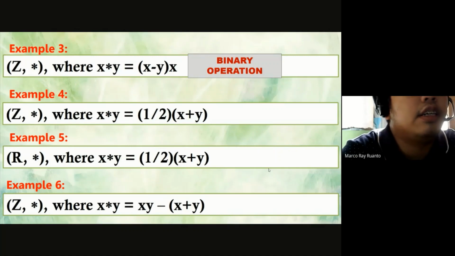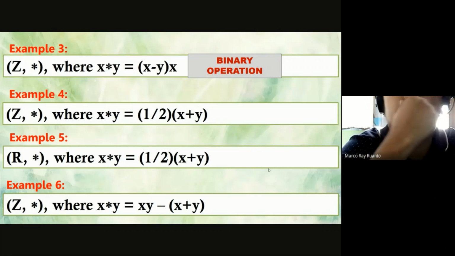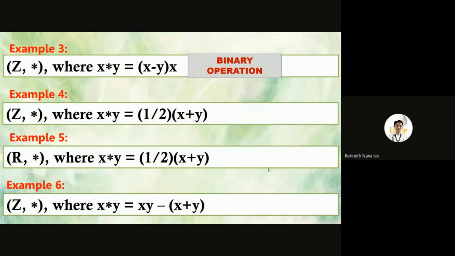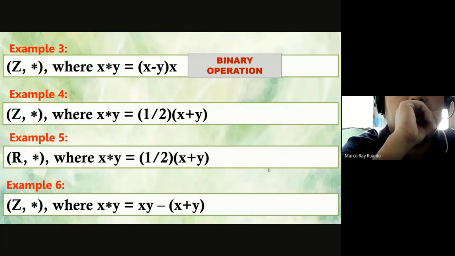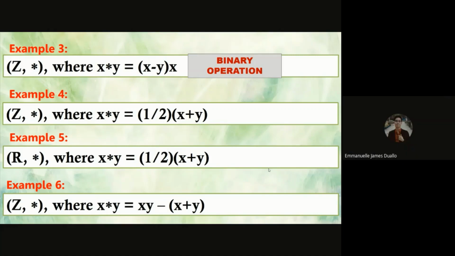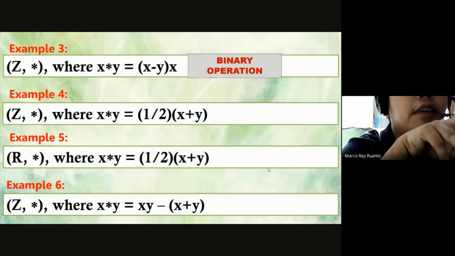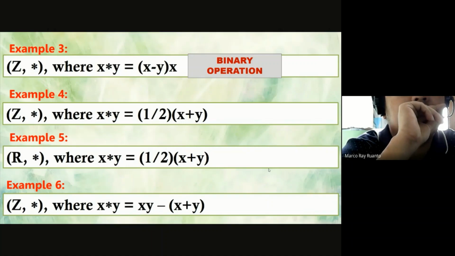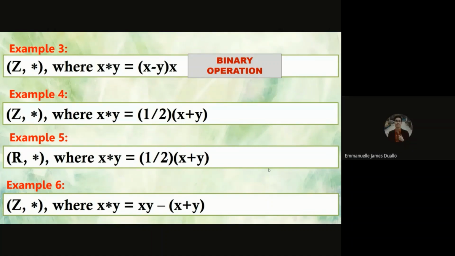Now example 4. Is it a binary operation or not? Those who said no, why not? Give an example showing why it is not a binary operation. Sir, in a binary operation, it should be equal to or above 1, not below 1.